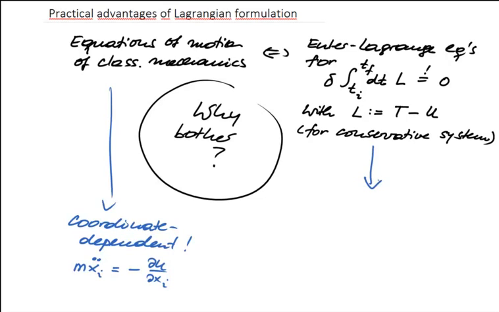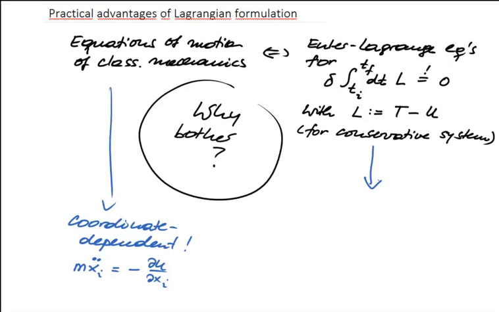This has the disadvantage when I go to, say, polar coordinates in 2D, where my coordinates are r and an angle phi, and now characterize a straight line in polar coordinates. It gets more complicated. So each time you change coordinate system, you have to think about how you transform this differential equation and how you formulate it in the new coordinates.